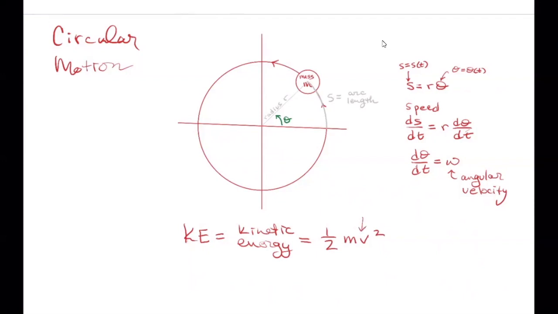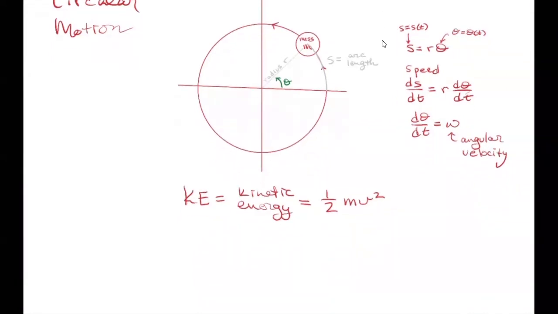Let me back up a little, and let's use a script v, just so that we understand that's a scalar. So that's kinetic energy, and mass is m.